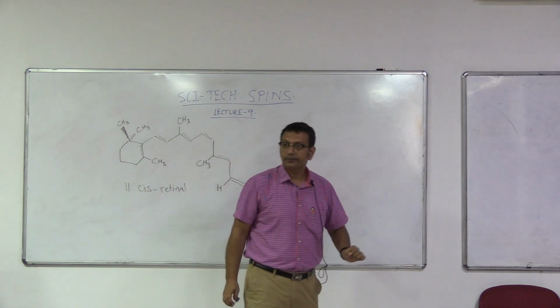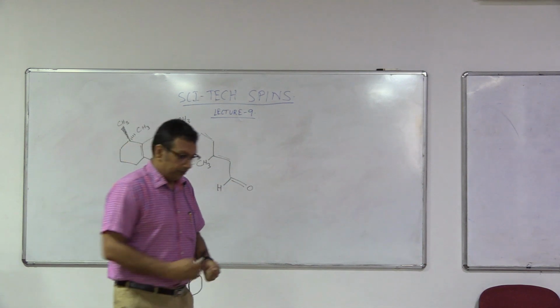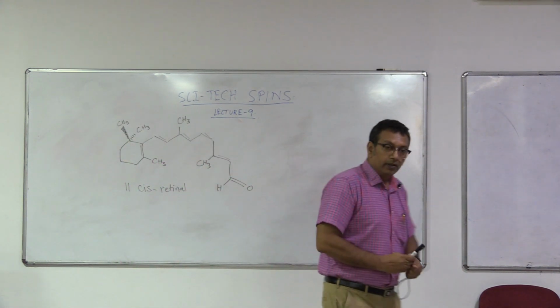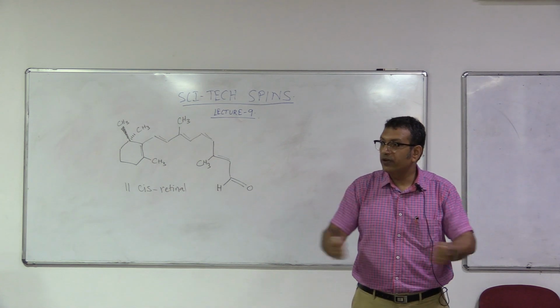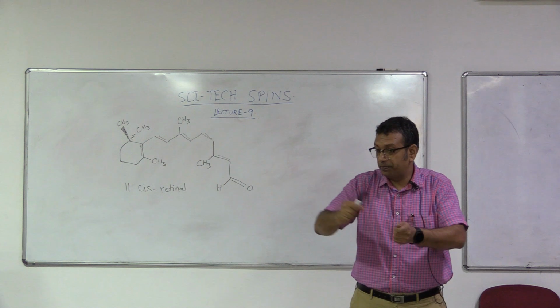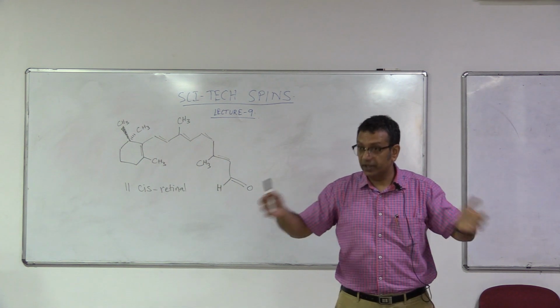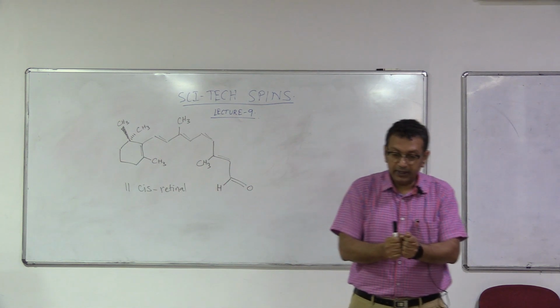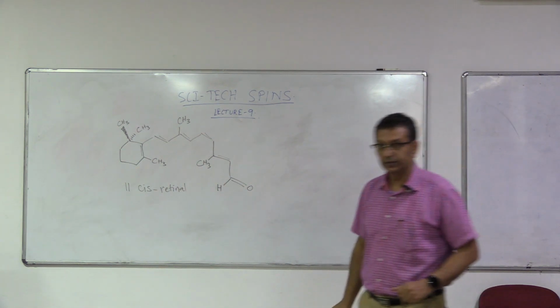Because of this length, your electrons are moving freely, because all these pz orbitals are kind of talking to each other. So all these electrons are moving freely within this length of the box.